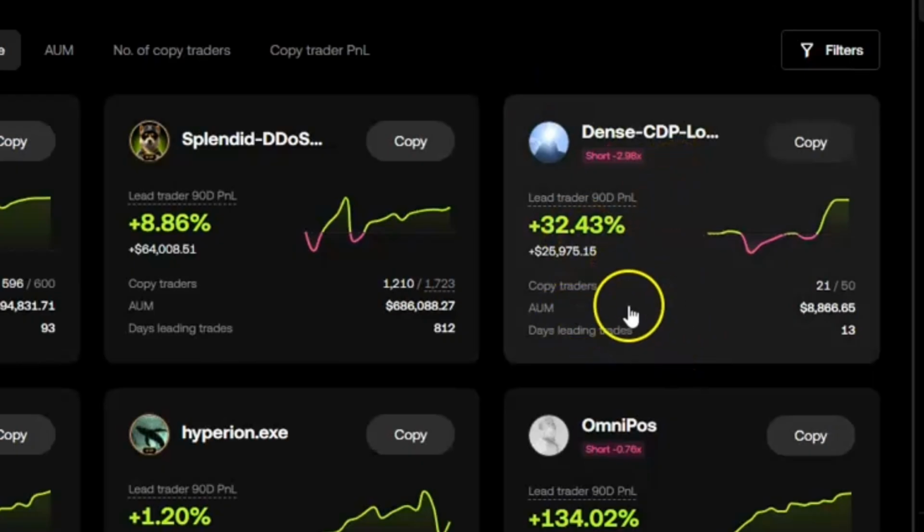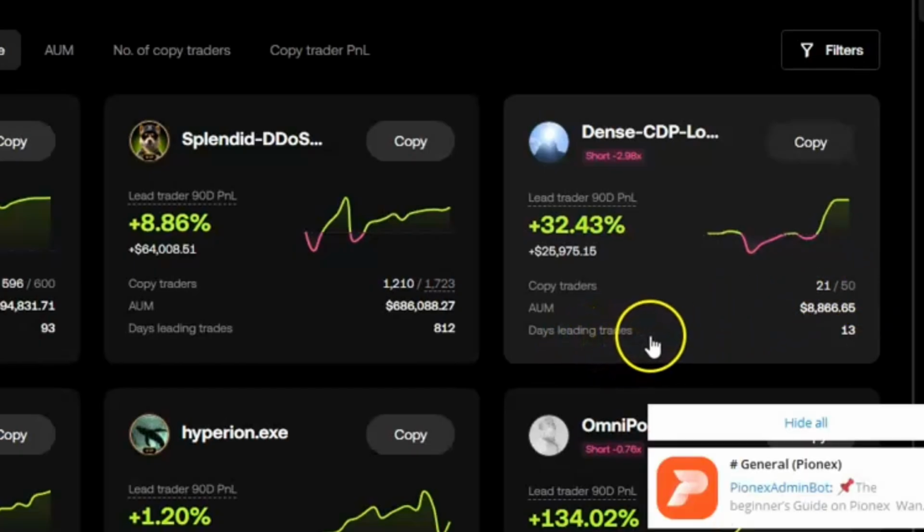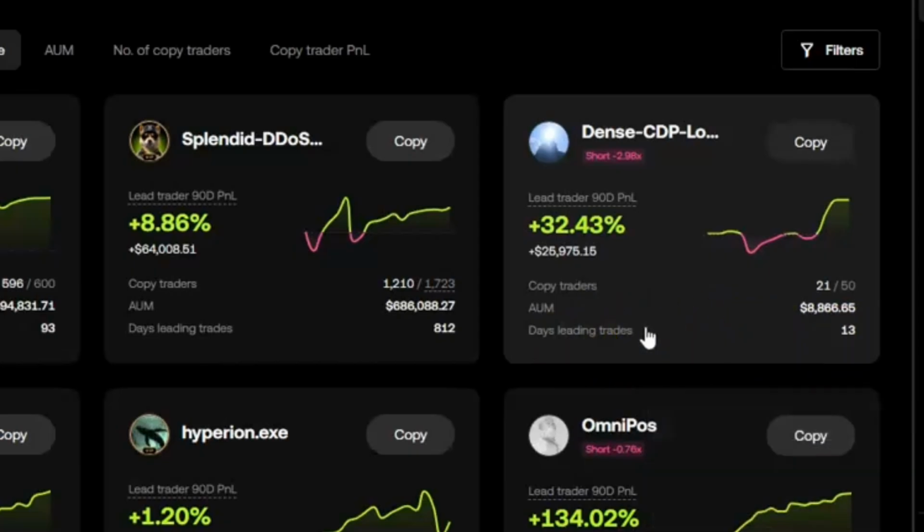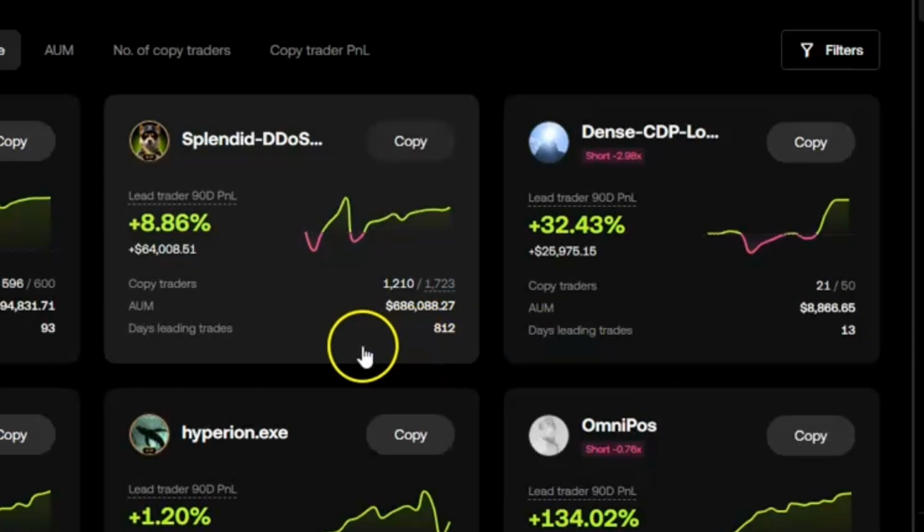All right, so let's take a look at this. So we have this one. This one has 21 copy traders out of 50, right? And then we check on the number of days that they have been leading the trades, 13 days. So this one is pretty new in leading trades, right? Then we check on this one. The number of days this one has been leading is 812.